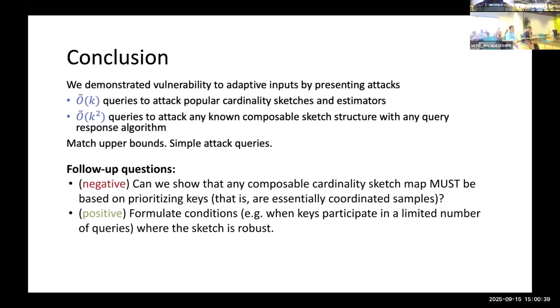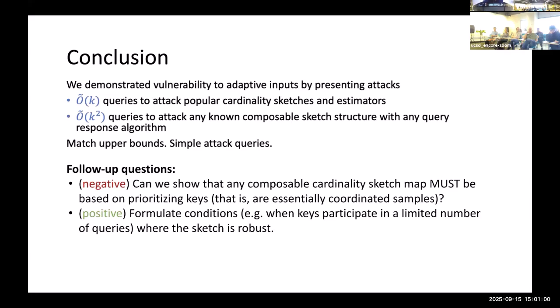And so some follow-up questions are whether any composable cardinality sketch should be based on prioritizing keys. And also another question is, what conditions do we need to design a robust sketch?